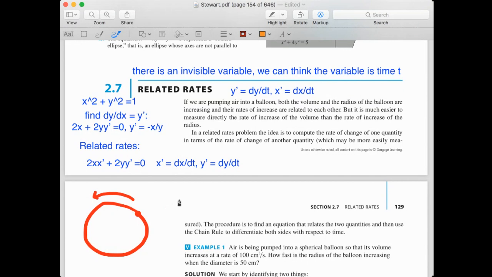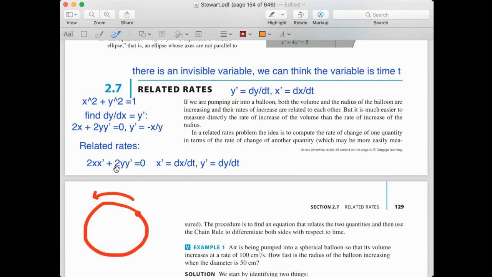Now we have a third variable to think about, time. So x changes in terms of time, y changes in terms of time. We have the relation x squared plus y squared equals 1, but now we introduce a third invisible variable. I'm considering the change of x in terms of time, the change of y in terms of time, and we call this related rates.